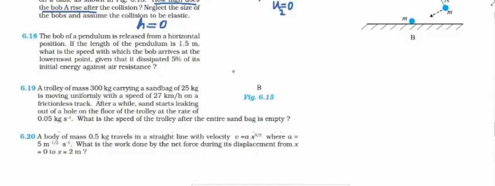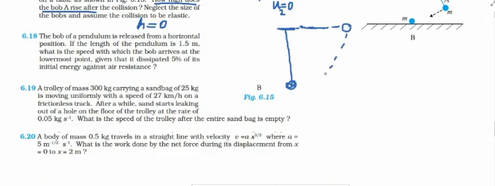Then next, the bob of a pendulum is released from a horizontal position. Okay, again pendulum. It's a pendulum. But the pendulum is in the horizontal position now, like this.